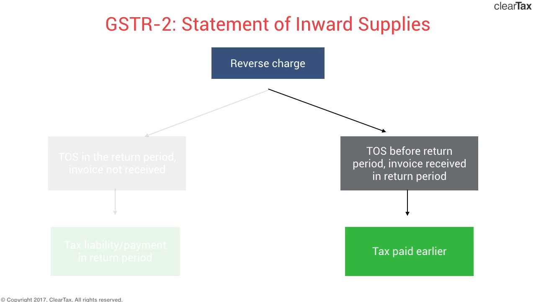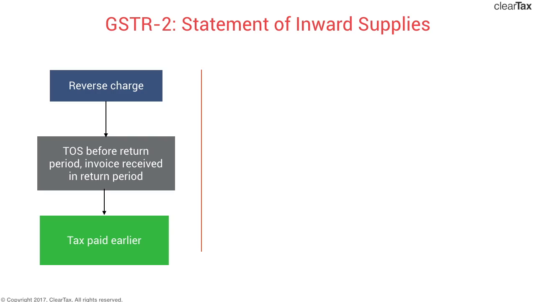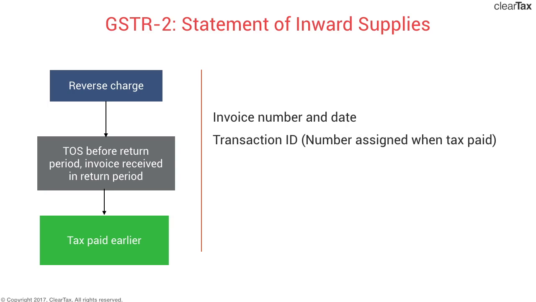Second, where TOS was before return period and taxes paid earlier, simple. You'll just have to give in the invoice details. You've received the invoice in this period, you'll have to give in those details, number and date, as well as transaction ID. What is this ID? When you had paid tax in an earlier period, the tax system, GST system, auto-generated a transaction ID number and assigned it to your tax payment.